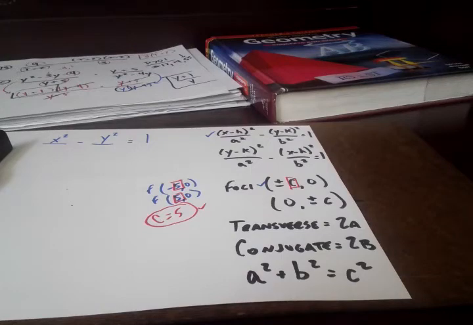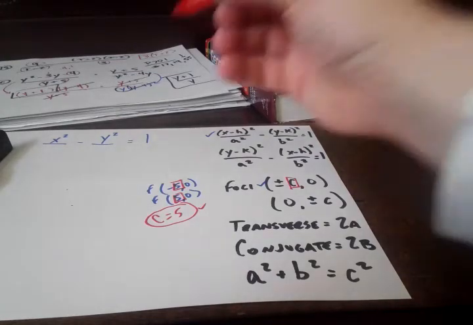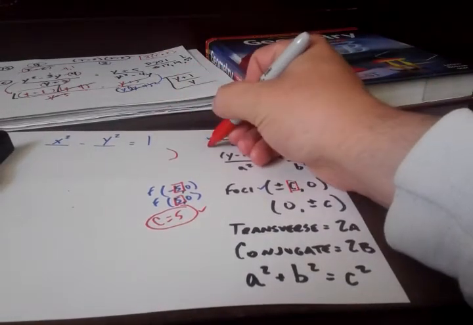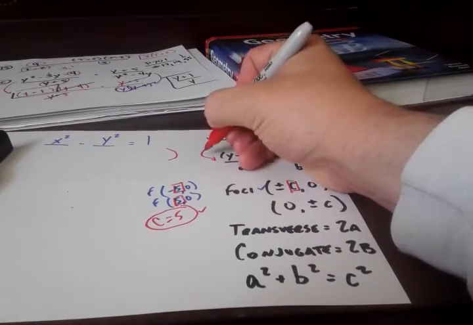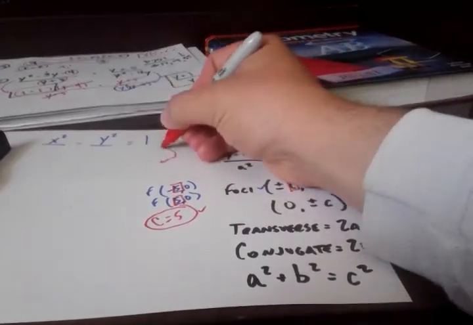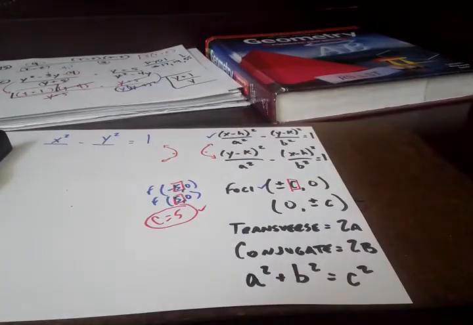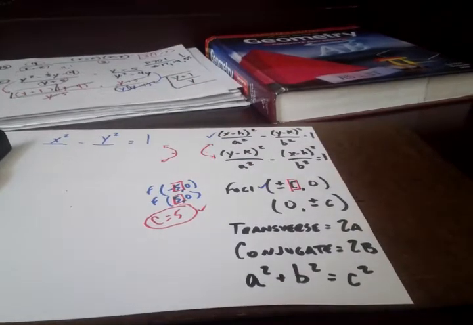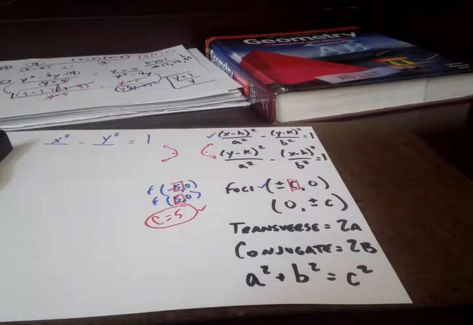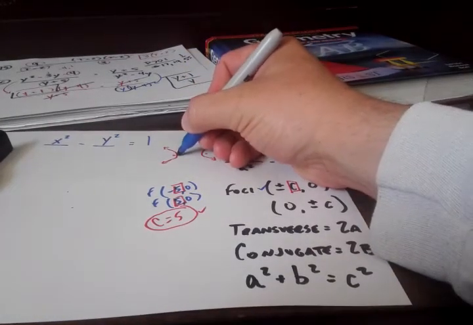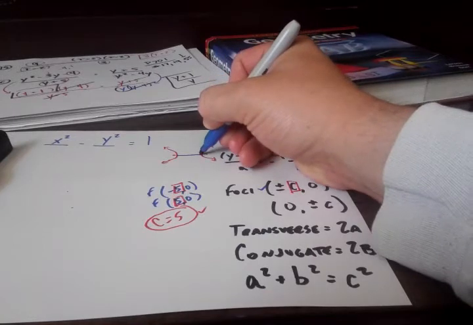I'm going to quickly draw our figure up here so everyone can see what it looks like. This is what our problem looks like, and our foci are here and here. The transverse axis goes from this vertex all the way to this vertex.